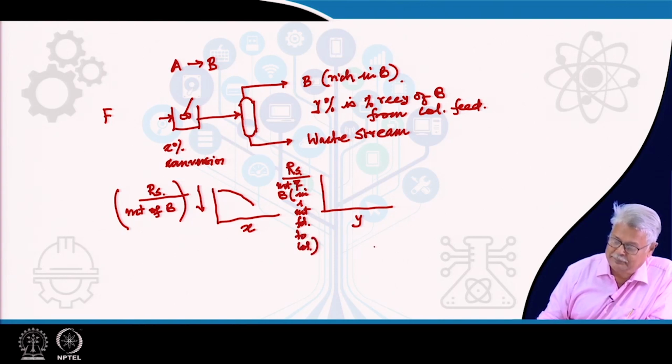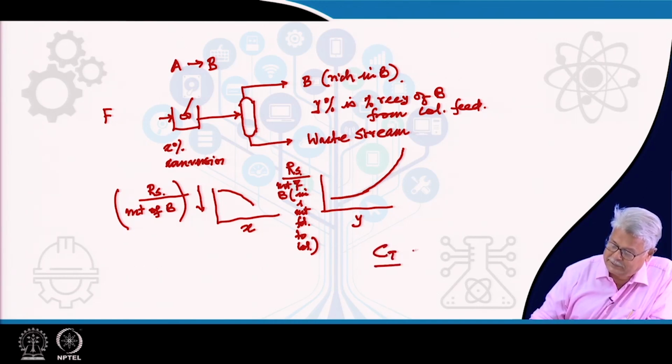That means, basically it is related to the feed and the feed concentration. Then you will find that initially if you produce, it will keep on going up. That means, if you recover more and more, there will be a sharp increase in cost. So, what your final cost total is basically a function of X and Y.